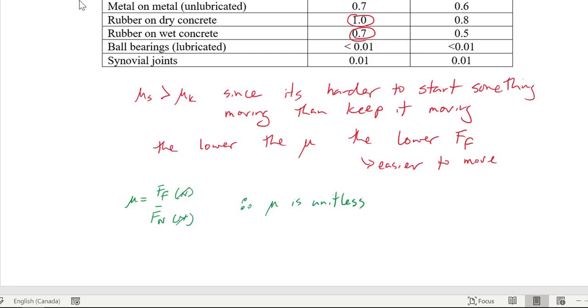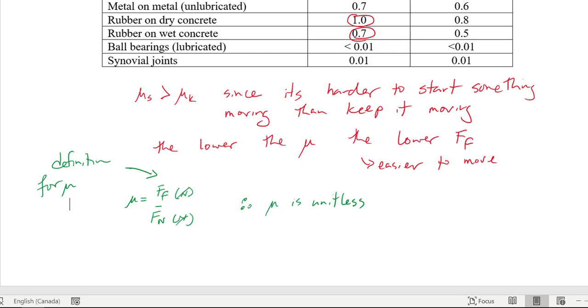That's how they defined mu. You could think of this as a definition for mu: the coefficient of friction is the force of friction divided by the normal force.